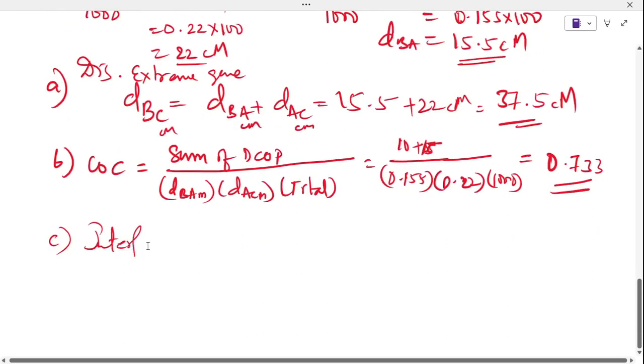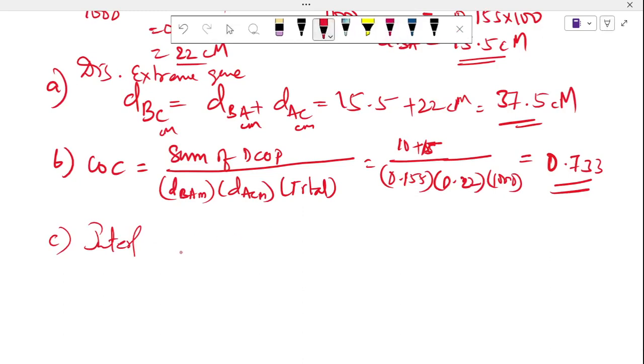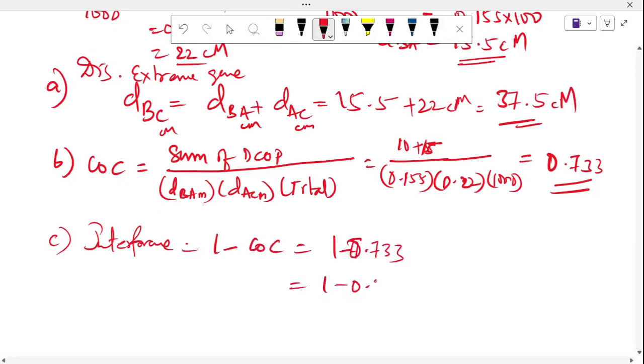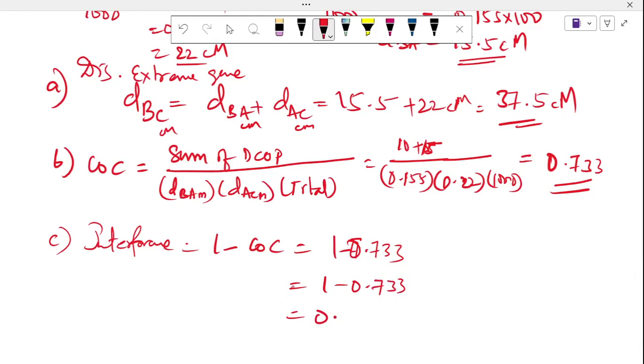Interference is equal to 1 minus coefficient of coincidence, 1 minus 0.733, which is equal to 0.267, and interference is lesser.